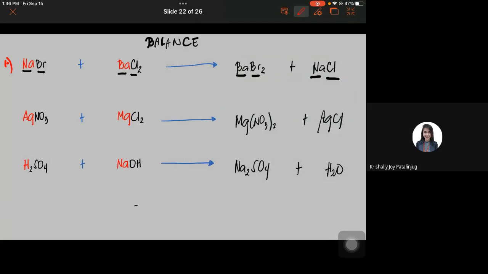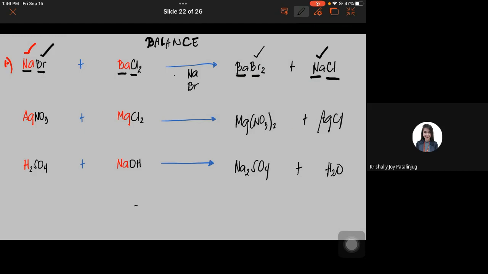Let's start with, on the left side, you have sodium. So you try to list it first. List down the elements. So you have sodium. Look at the reactant side, it has sodium. Also on the product side, it has sodium. So that is one atom of the element. Next, bromine. Both sides has bromine. So bromine on the left, bromine also on the right.